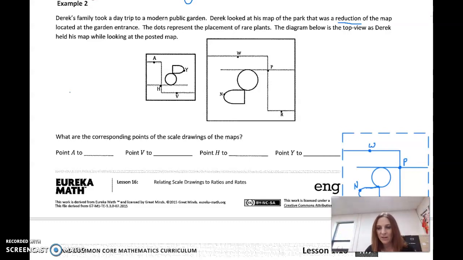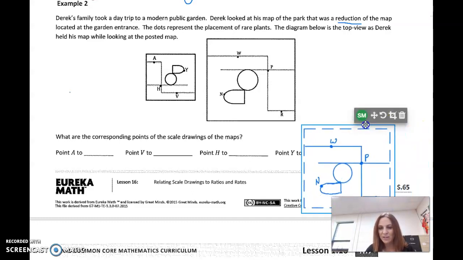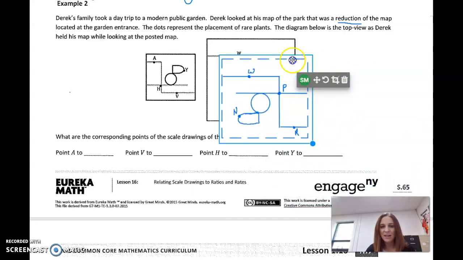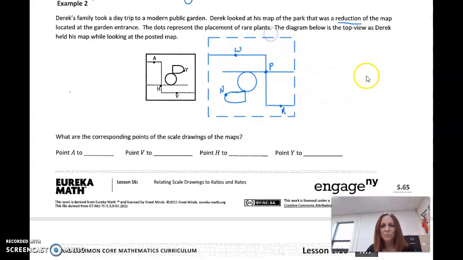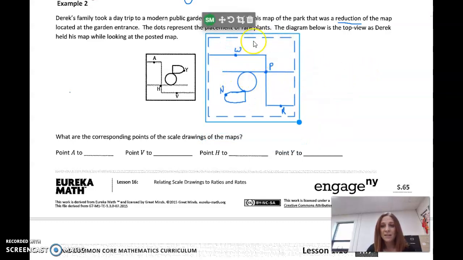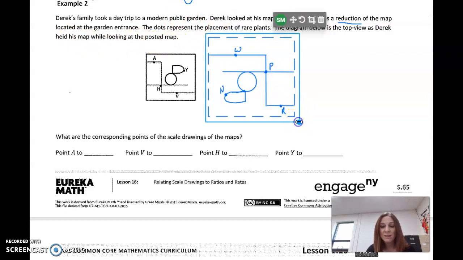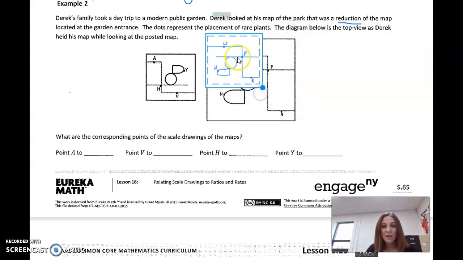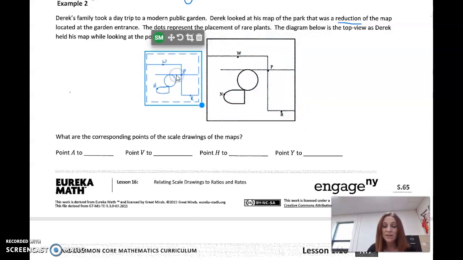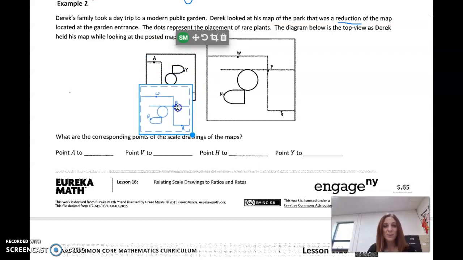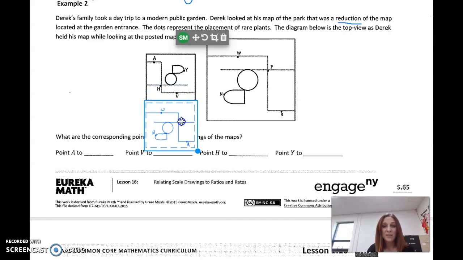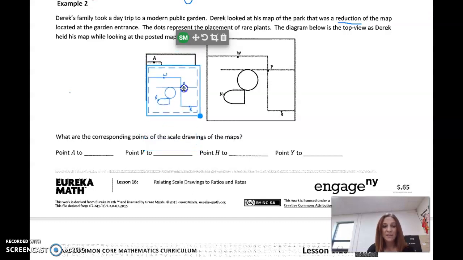If I couldn't get it transparent, but let's say I had this copy here, and this was the posted map. Now we're going over here to Derek's map. I know we can't necessarily tell because I couldn't make it transparent with the tools I had available, but you can see that it's not necessarily matching up.